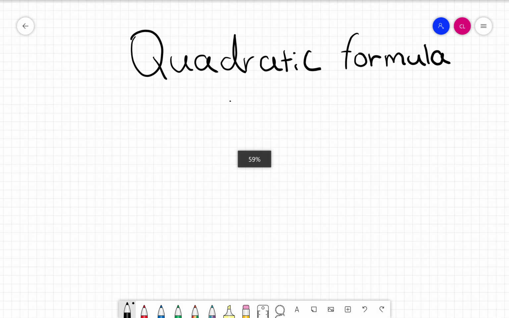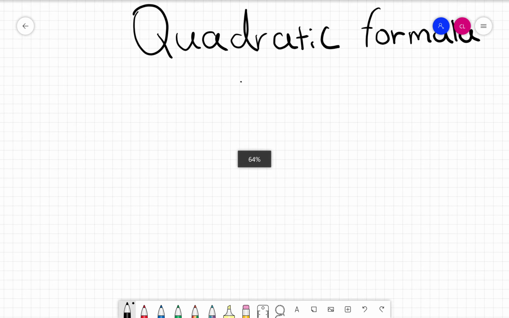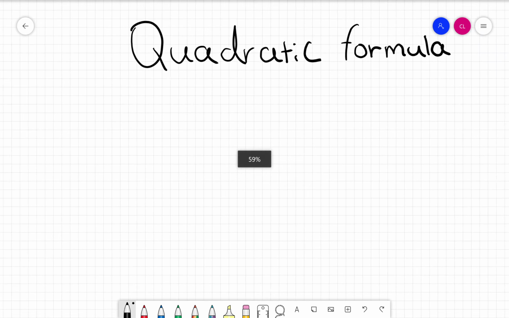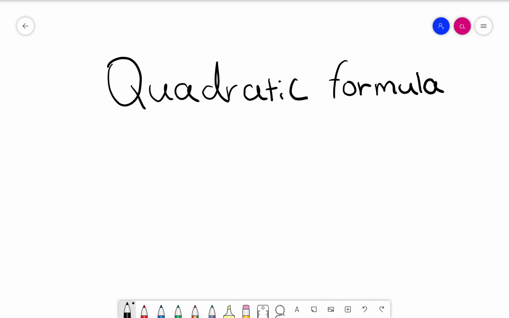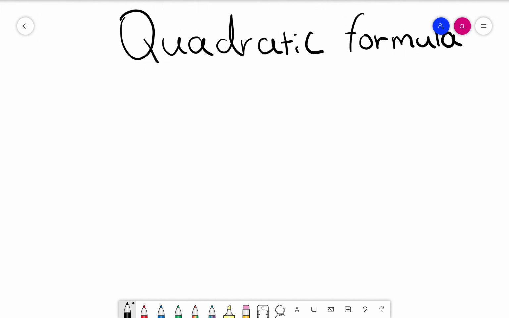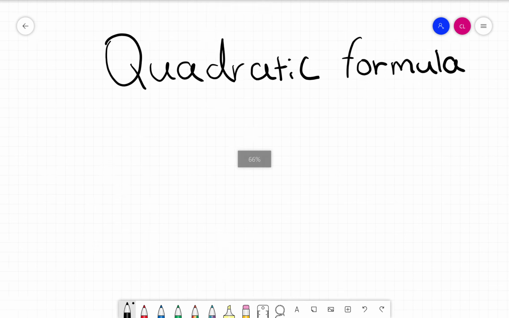Today we're going to learn about the quadratic formula. So basically, the quadratic formula is used to solve a quadratic equation that is in the standard form.